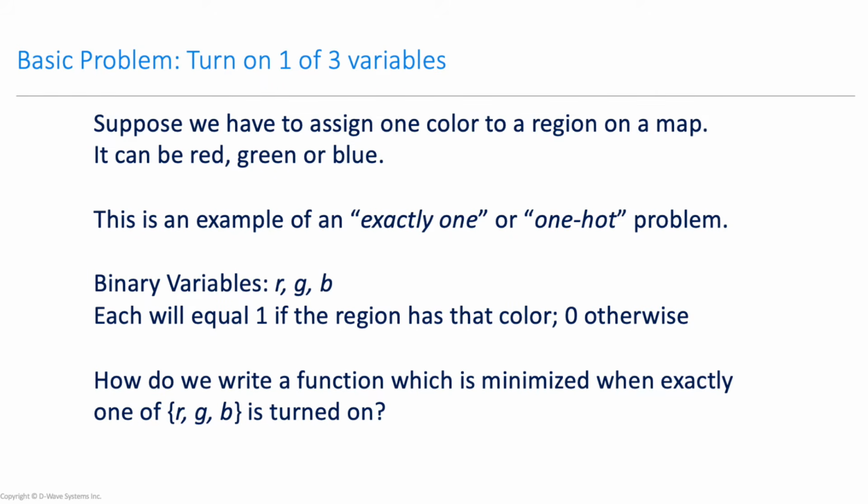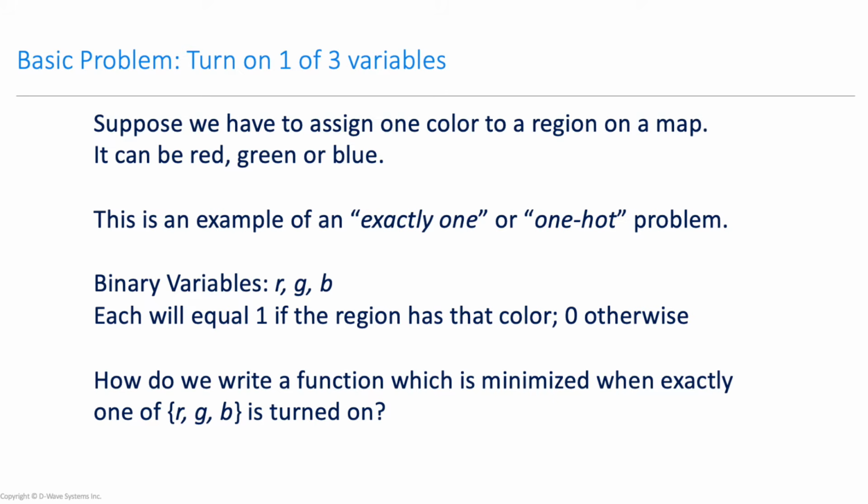So as a beginning, let's think about a very basic problem. And this problem will turn out to be underneath a lot of the much more complicated QUBOs that people build. So the basic problem is, suppose I have a map and maybe there's a region in the map and I have to assign one color to it, and that the color can be red, green, or blue, but it can only be one of them.